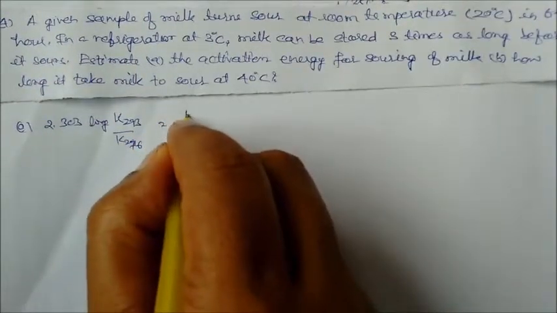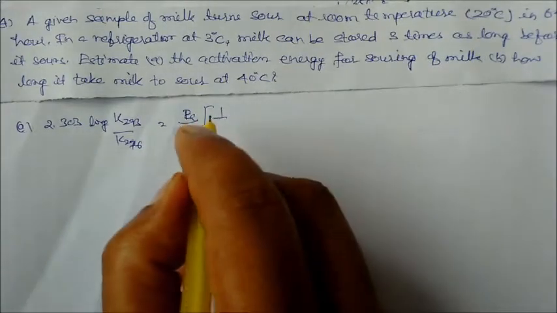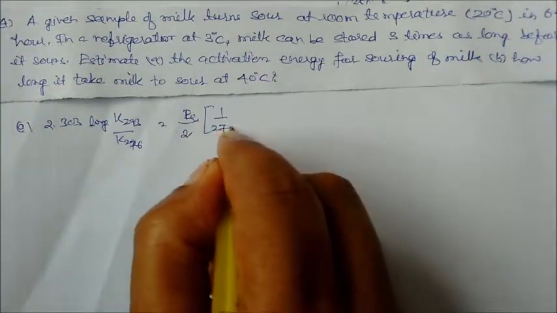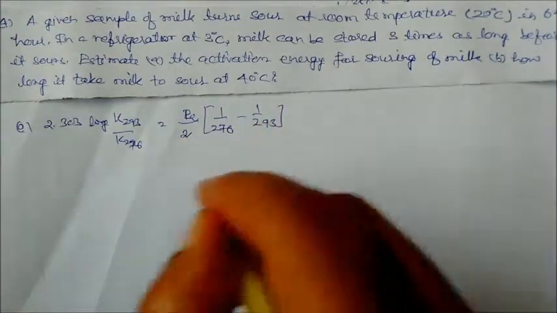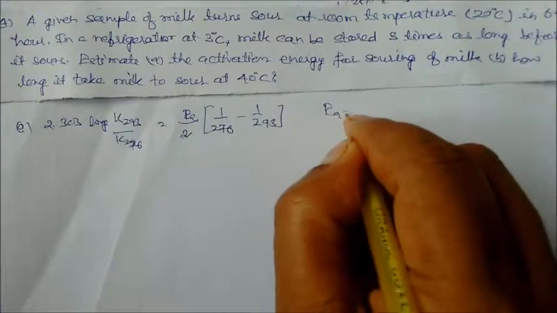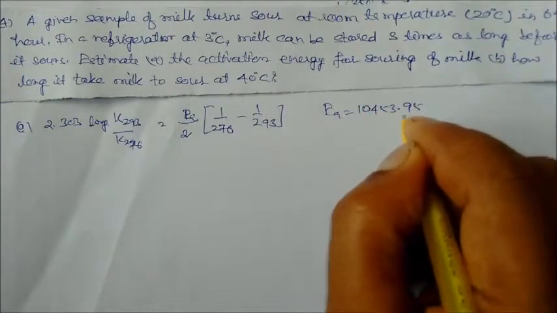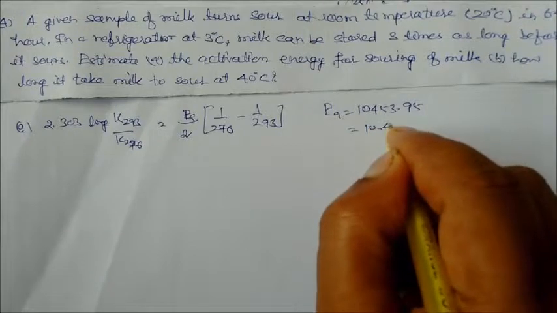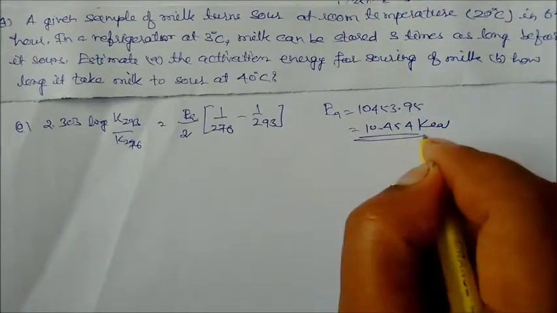So again activation energy divided by R, where R is 2. So here you take 1 by T1, that is the lower temperature, minus 1 by the higher, 293. On solving you will get the activation energy as 10453.95, or we can say 10.454 kilo Kelvin. So we got the activation energy.